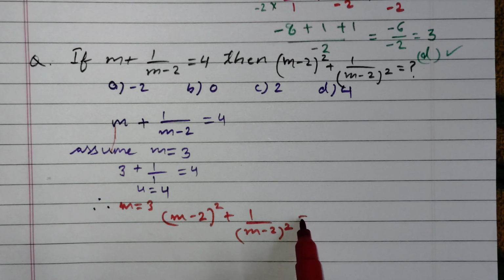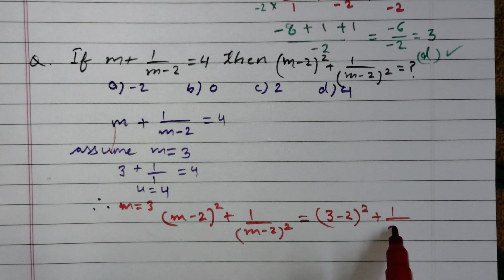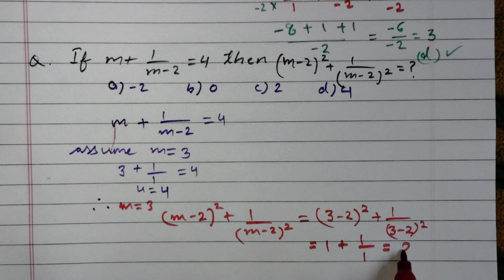So m is 3, so 3 minus 2 whole square plus 1 upon 3 minus 2 whole square. So 3 minus 2 whole square means 1 square, that means 1, plus 1 upon 1 square, that means 1. 1 upon 1 is nothing but 1. 1 plus 1 is 2. So the final answer of this question is 2. So therefore D option is the correct answer.